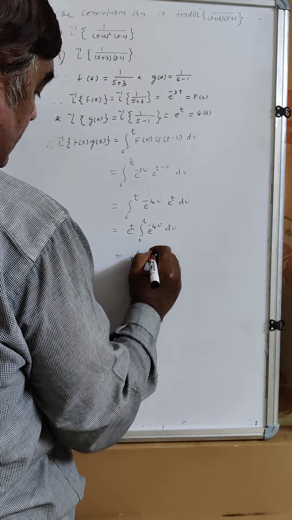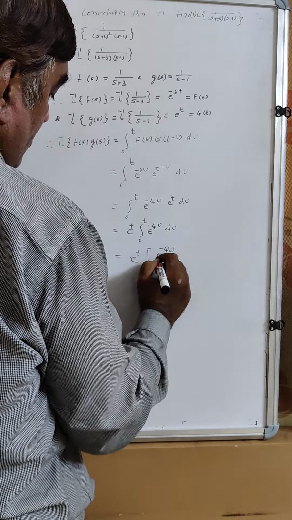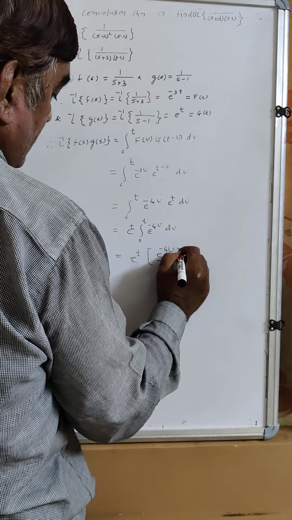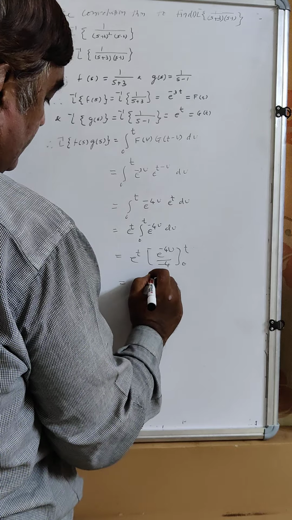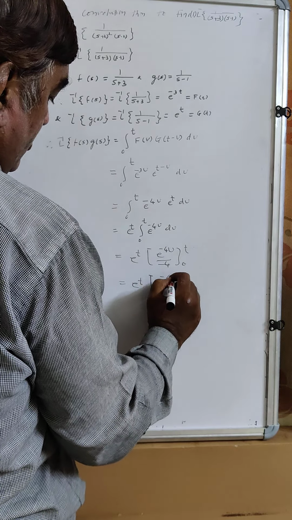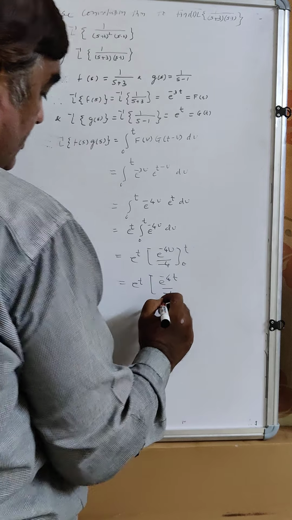Integration of e raised to minus 4u is e raised to minus 4u upon minus 4, from 0 to t, so e raised to t times e raised to minus 4t upon minus 4.